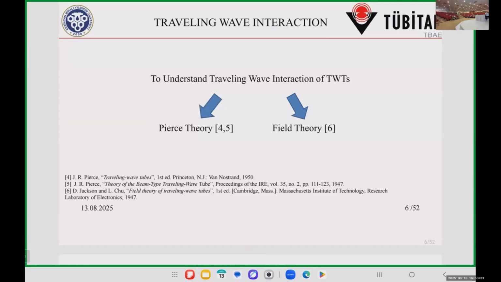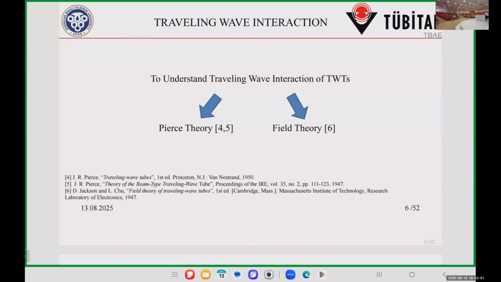So if we explain traveling wave interaction, Pierce gives a mathematical model and approximate quantitative aspects of the mechanism of TWT.